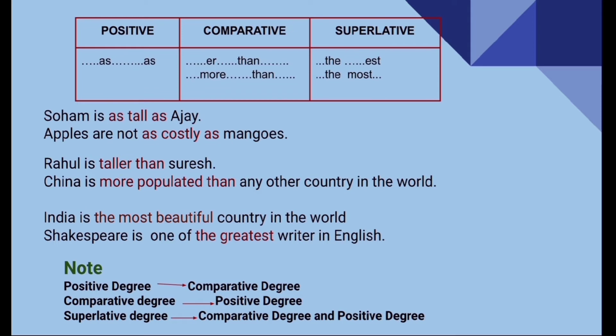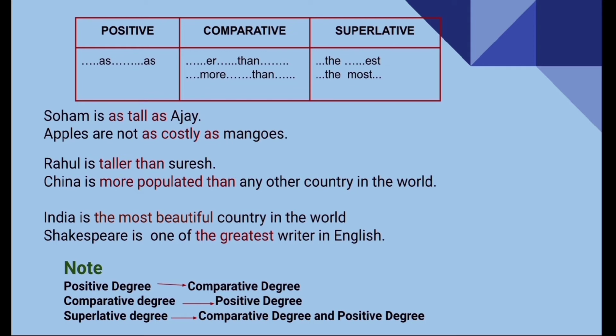In the comparative format of a sentence, you can find er or more and than in the sentence. Rahul is taller than Suresh and China is more populated than any other country in the world. So taller and more populated. These words show us the sentence is in comparative form. And the last sentence is India is the most beautiful country in the world.